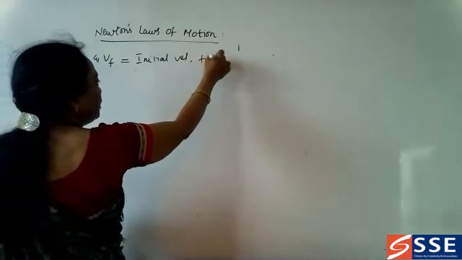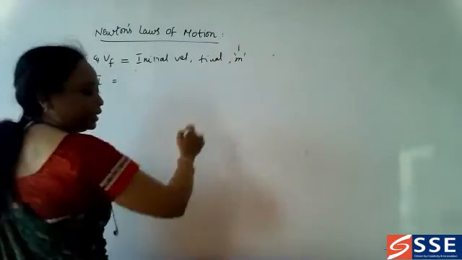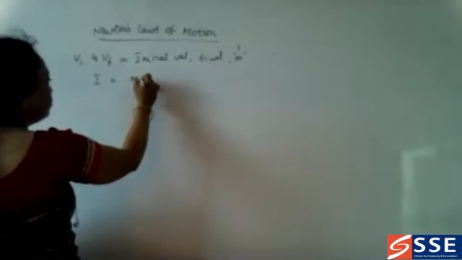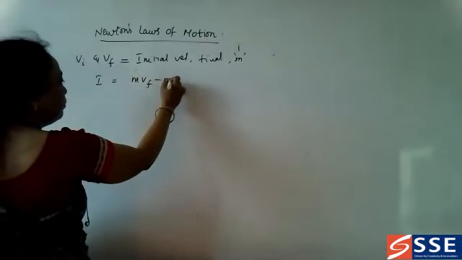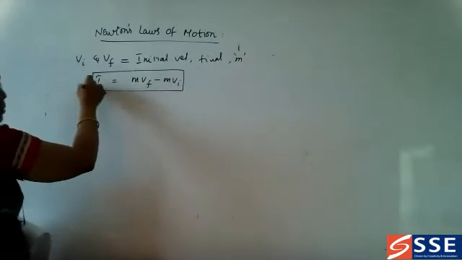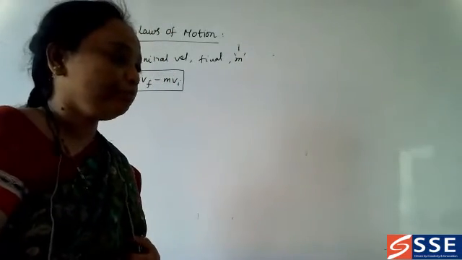Then how do you write the impulse equation when the mass is the same? If equal mass is taken, then impulse I can be written as m into Vf minus m into Vi, because here the mass is the same.